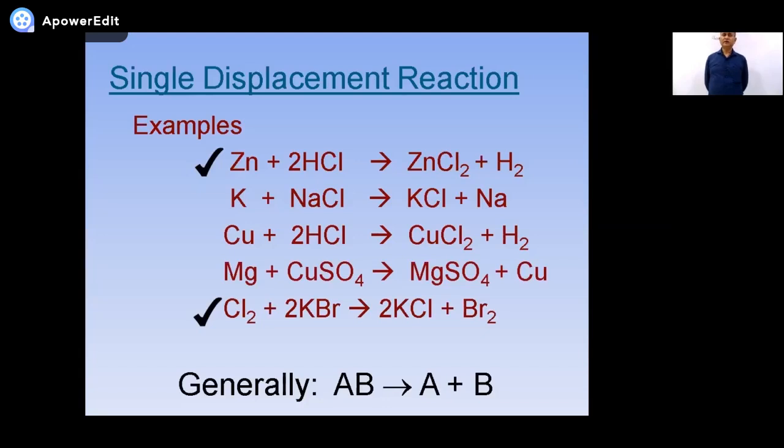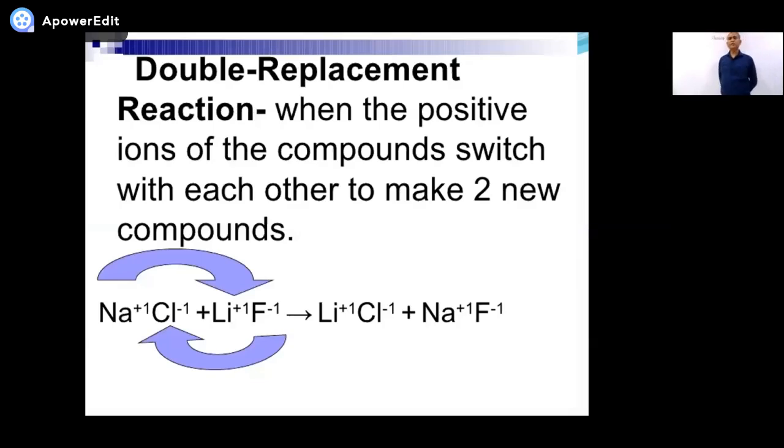All right, so synthesis, decomposition, single displacement reaction. Now the double displacement reaction. So simple, this one. The two chemicals will exchange their partners. Like in the first one, Na will replace lithium, Li. Na will become the partner of F, and Li will become the partner of Cl.